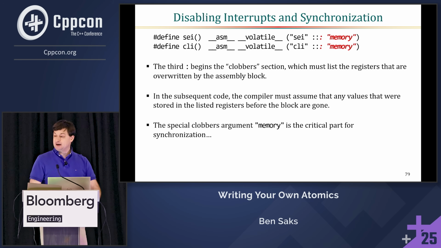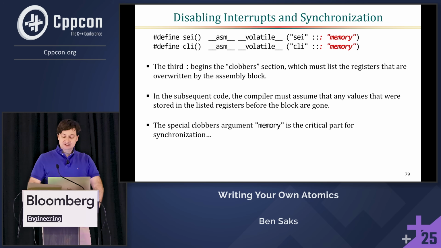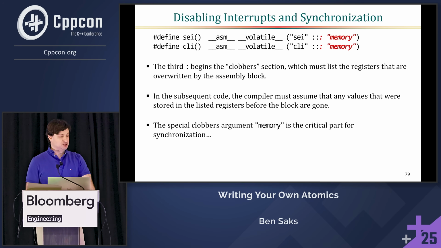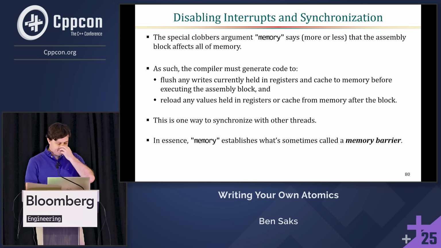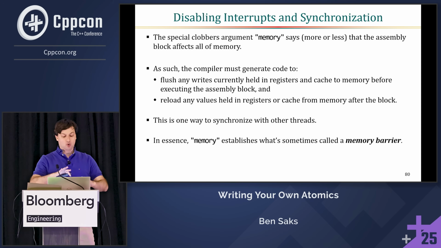But there are also these special clobbers arguments. Memory is one of them, and that turns out to be the thing that's really doing the synchronization part here. That special clobber argument memory, more or less what it's saying is, this is an assembly block that affects all of memory.